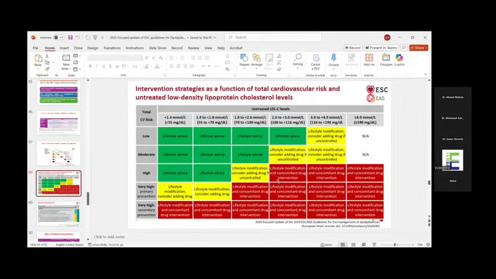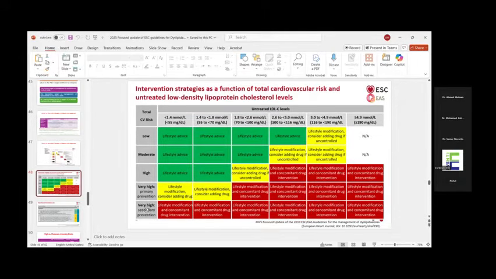So the value of LDL at which we should start the lipid lowering therapy in patients with high risk is 100 milligram. What about patients with very high risk but for primary prevention? The LDL cholesterol value that necessitates initiation of drug therapy together with the lifestyle modification is LDL cholesterol level 70 milligram or more.